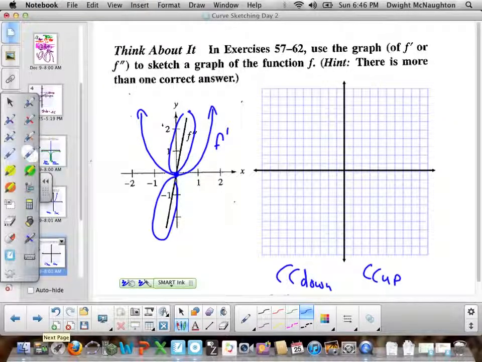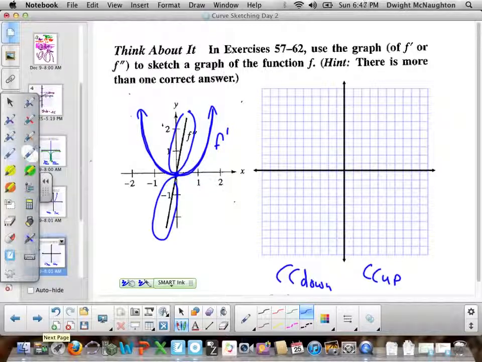All right? Using what I kind of sketched as a derivative, we can see this graph could always be increasing. And I say could because there's more than one correct answer. I'm going to use this as my derivative so that my more than one correct answer will be based off of that. Right?